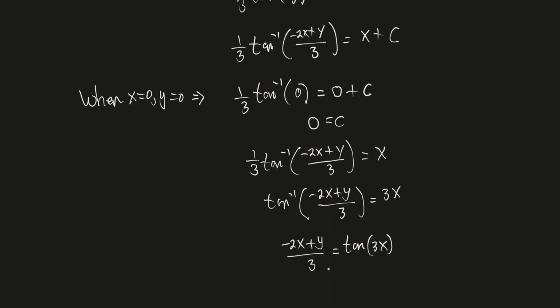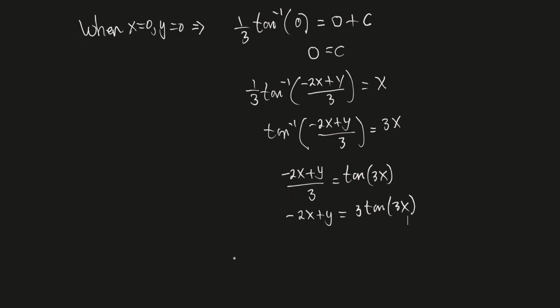Then multiply by 3 again, so negative 2x plus y is 3 tangent of 3x. And then finally add 2x to both sides. So we end up with y equal to 2x plus 3 times the tangent of 3x.